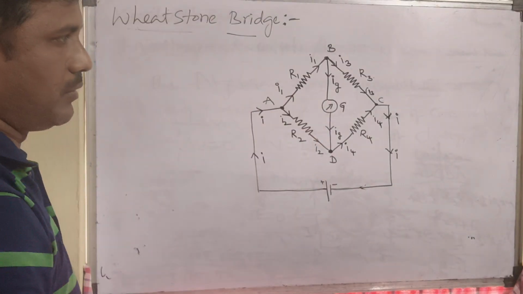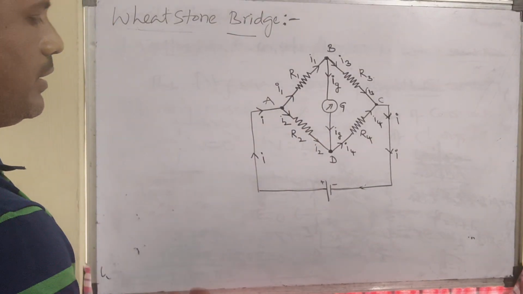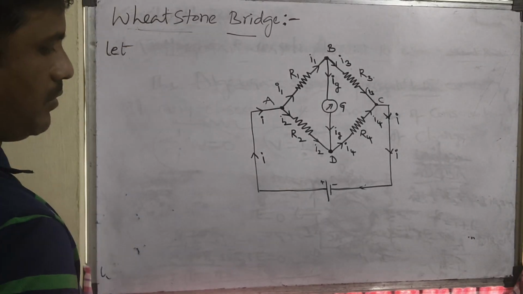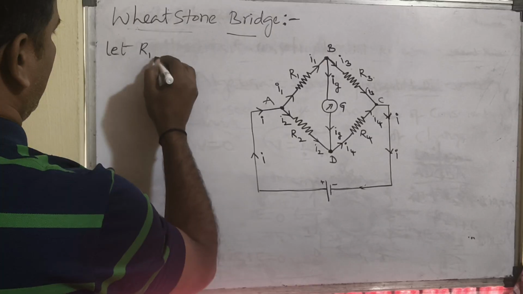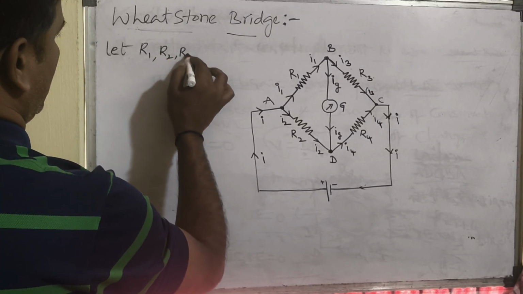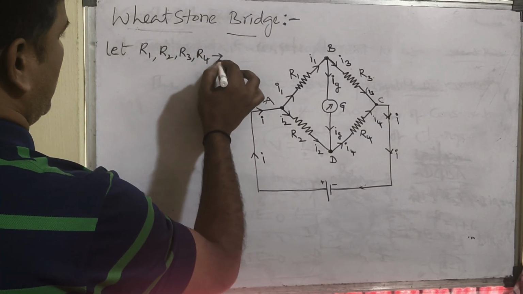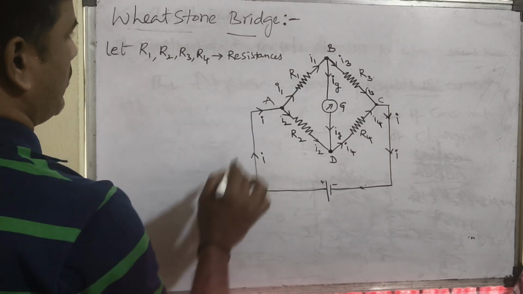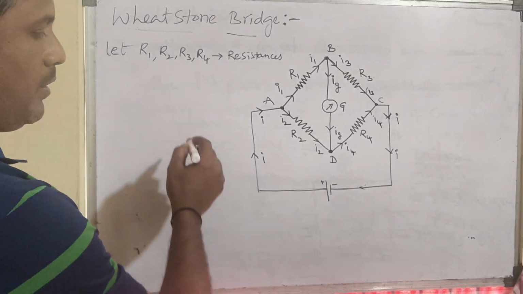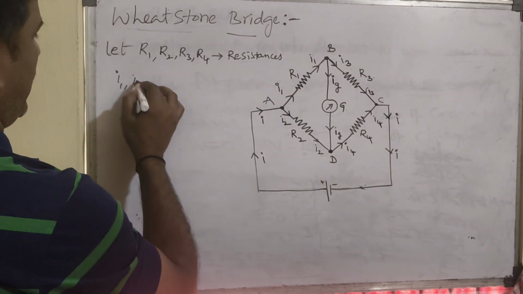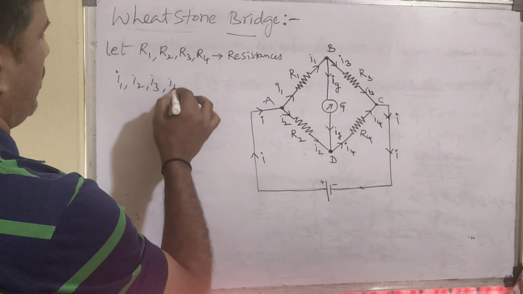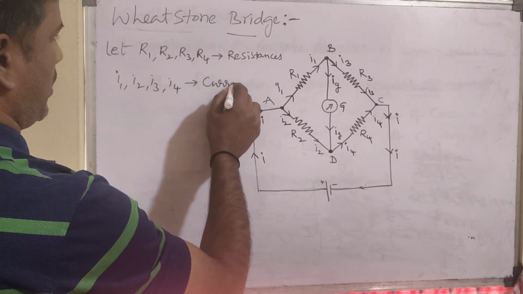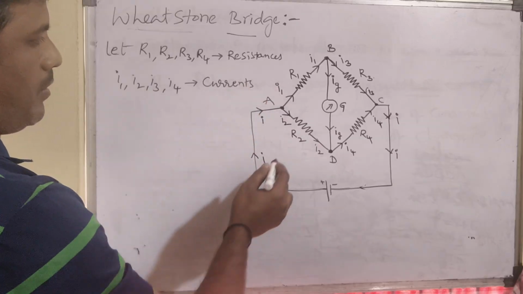What terms are there? That we should write first. Let R1, R2, R3, R4 be the resistances. Next, I1, I2, I3, I4 are the currents through the junctions.